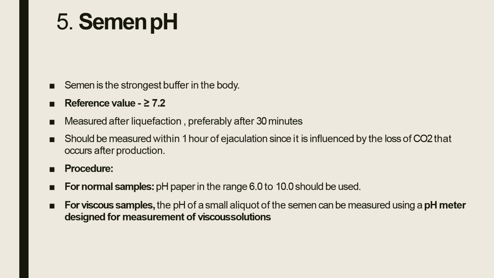So the procedure is like we do for every liquid: we have to use either a pH meter or pH paper. The pH paper that we use should range from 6 to 10, because the semen is always toward the basic side. The high pH values are present in semen.